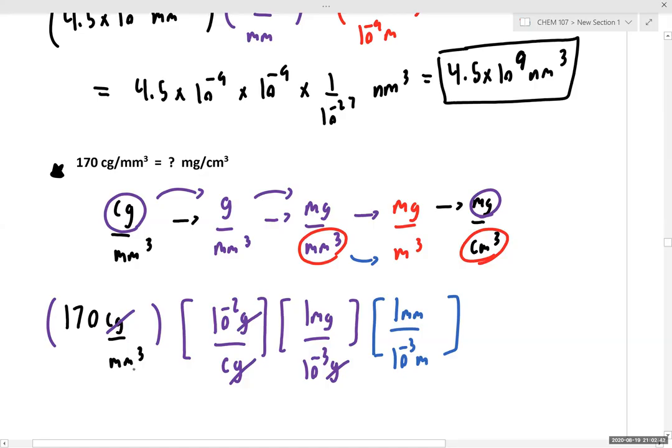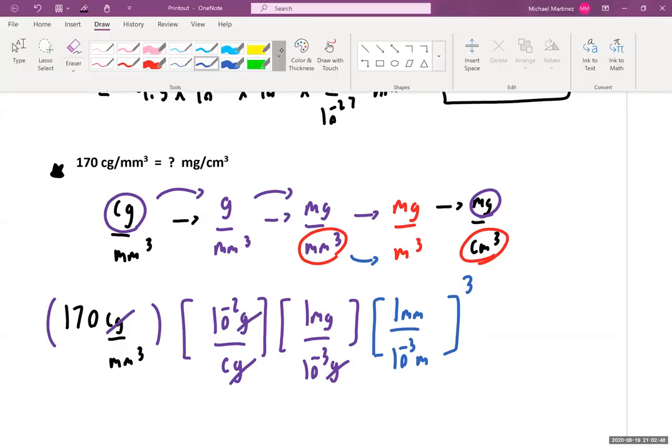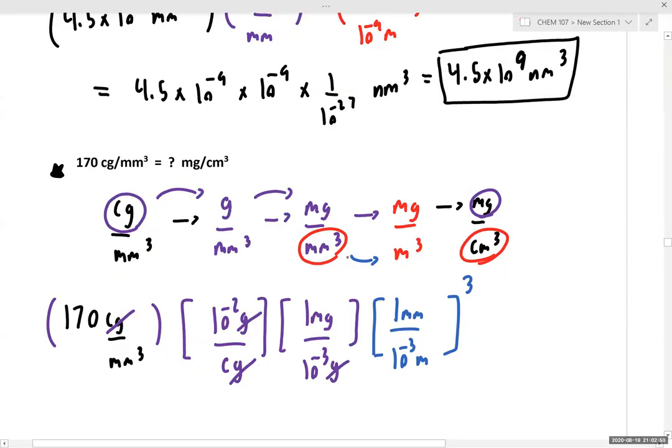But because we have a cubic unit, we cube our conversion factor. Next, when we're going from meter cubed to centimeter cubed, we're going to have centimeter cubed on the bottom, and we know there are 10 to the negative second meter per every 1 centimeter. Again, since we have cubic units, we cube our conversion factor.